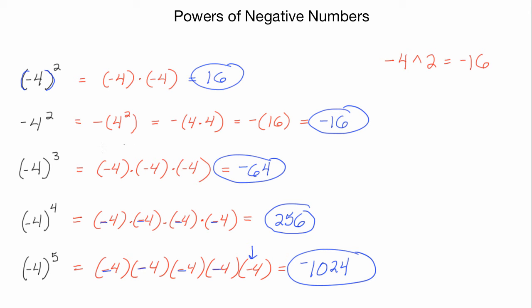So long story short, if you're using your parentheses correctly, an even powered exponent of a negative number is going to turn into a positive number. So (-4) to the 4th and (-4) squared both were positive. But if you have a negative number with an odd number exponent, the result is going to be a negative number.